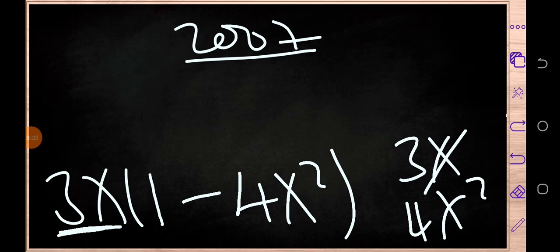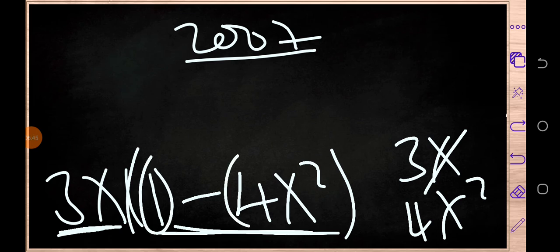The next step, after factoring out 3x and writing this, we are going to find the square roots of 1 and 4. In other words, we are going to write these numbers which have not been written in index form.